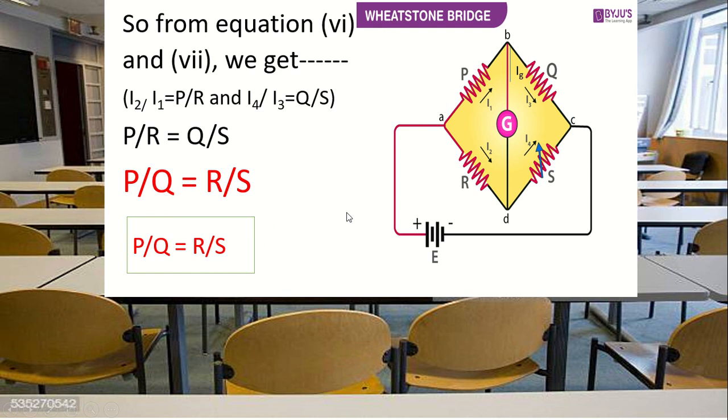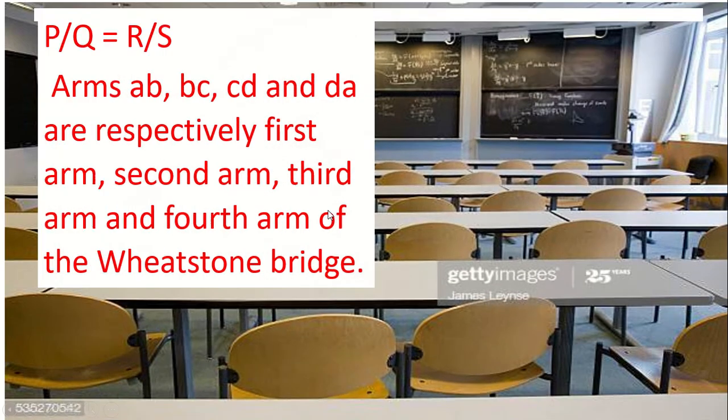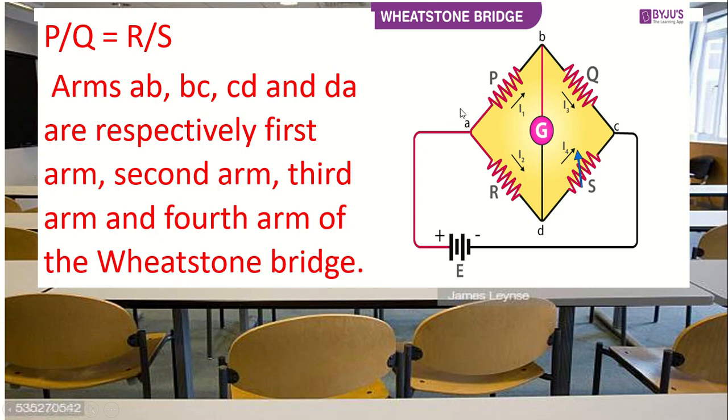Here AB, BC, CD and DA are respectively the first arm, second arm, third arm and fourth arm of the Wheatstone bridge.